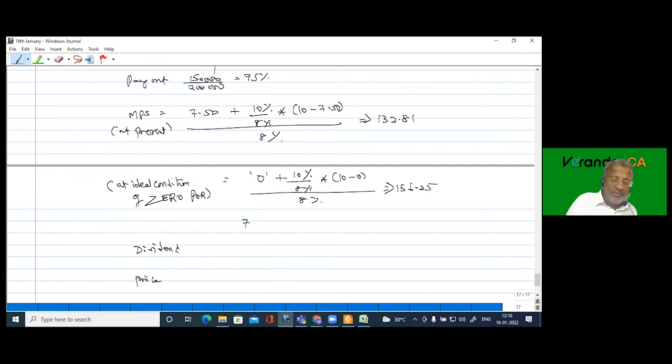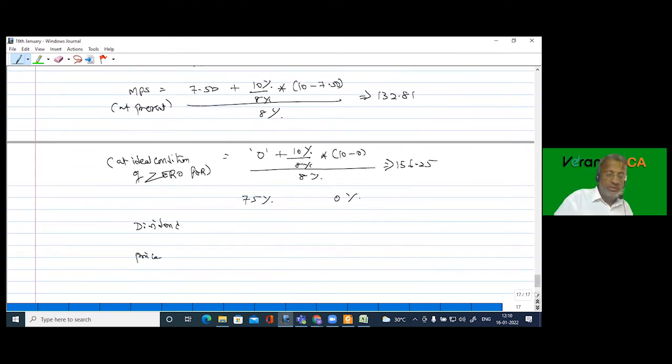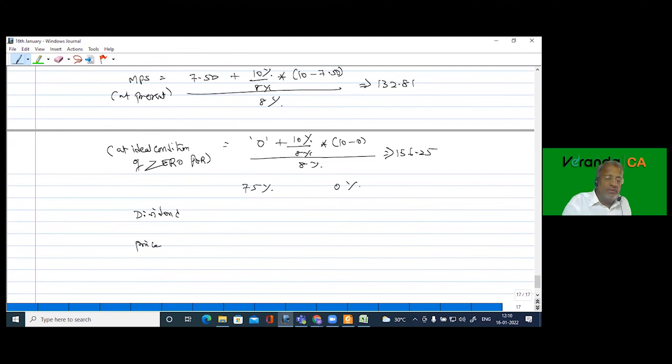Here, if you say the wealth creation, wealth is in the form of dividend and price. If you have 75% payout, versus 0% payout, the dividend is 7 rupees and 50 paisa in one case, and here it is 0. The price is 132.81 in one case and 156.25 in the other, ignoring time value of money. If you put time value of money, this value will even come down.